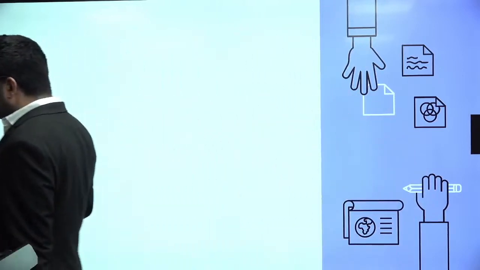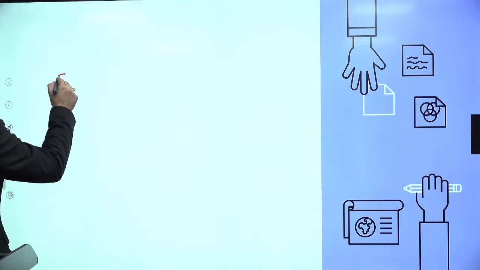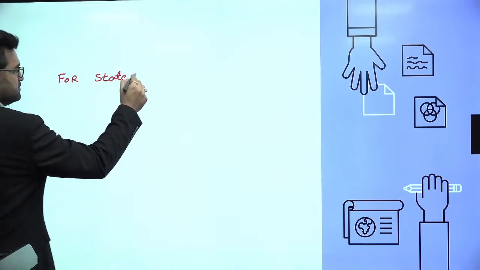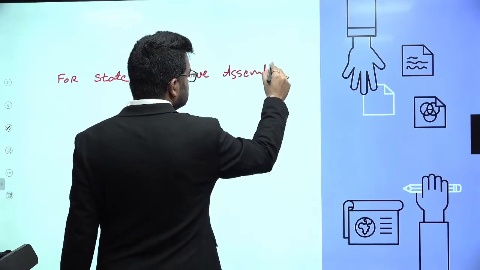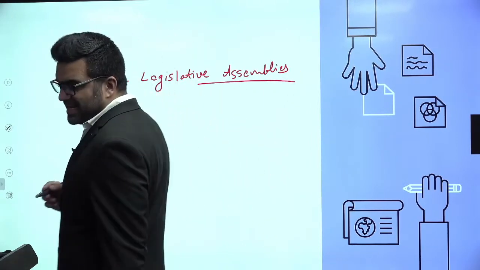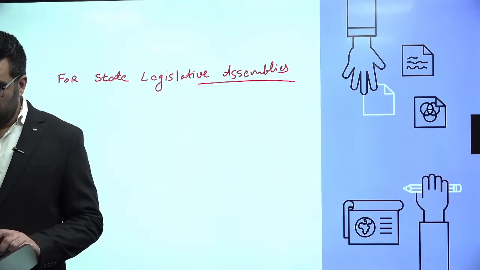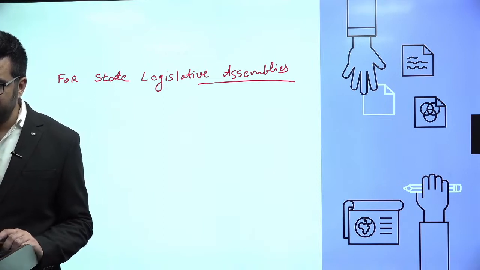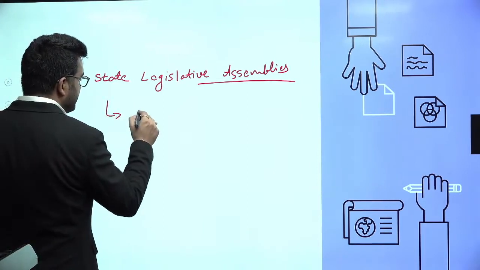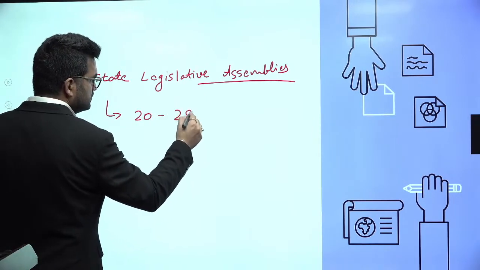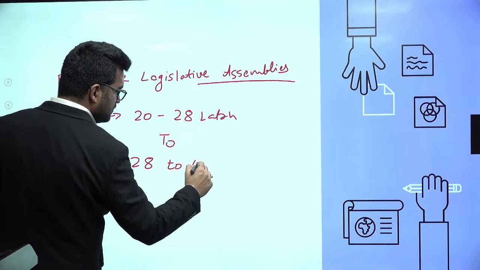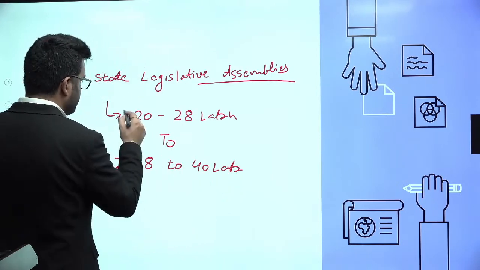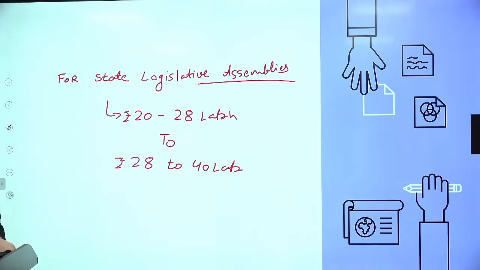Now, for state legislative assemblies, the expenditure limit has been increased from 28 to 40 lakh rupees depending on the state.